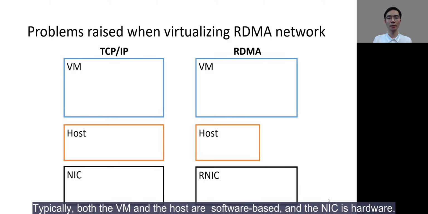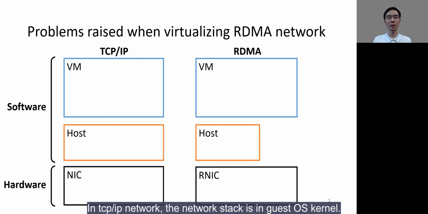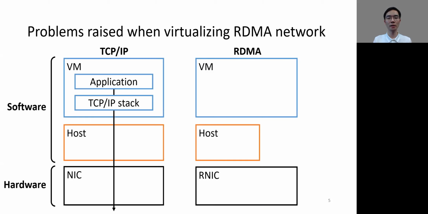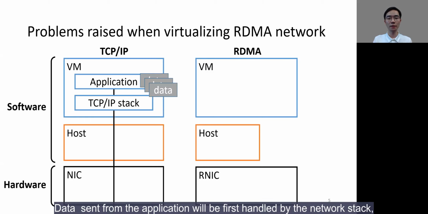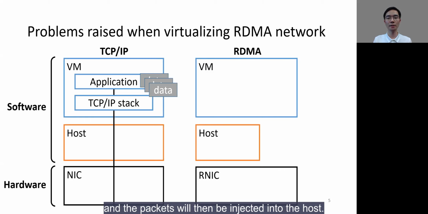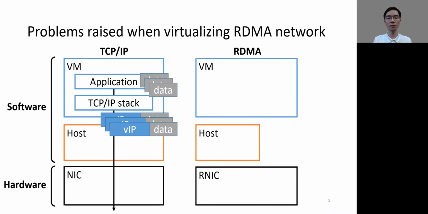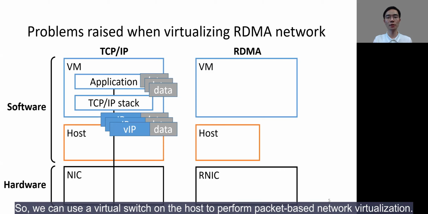Typically, both the VM and the host are software-based, and the NIC is hardware. In a typical IP network, the network stack is in the guest OS. Data sent from the application is first handled by the network stack, and the packets are then injected into the host. So we can use a virtual switch on the host to perform packet-based network virtualization.